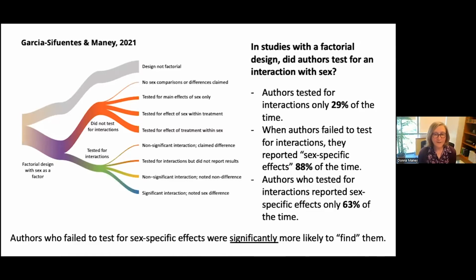So when I talk to my colleagues about testing for interactions, what they usually say is that they're not powered to do that. And it's true, right? Testing for interactions requires a lot of power and therefore a lot of animals. And if you aren't doubling your sample size, you might not be powered to test for interactions.